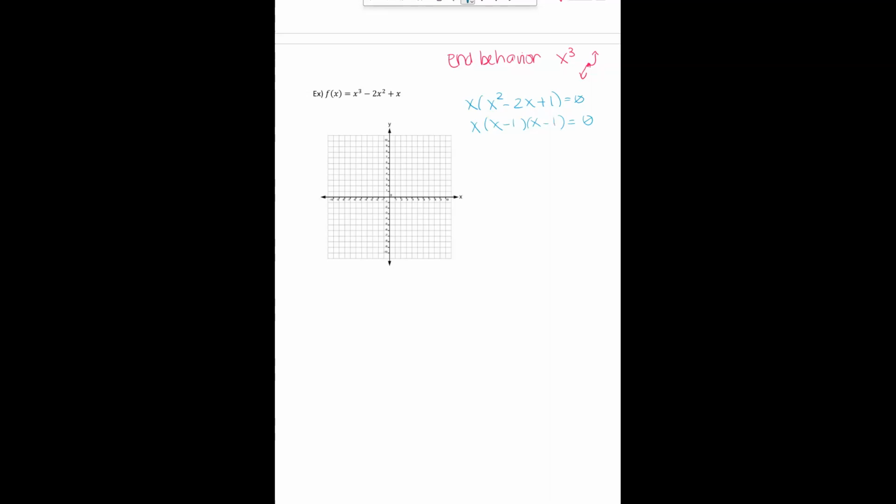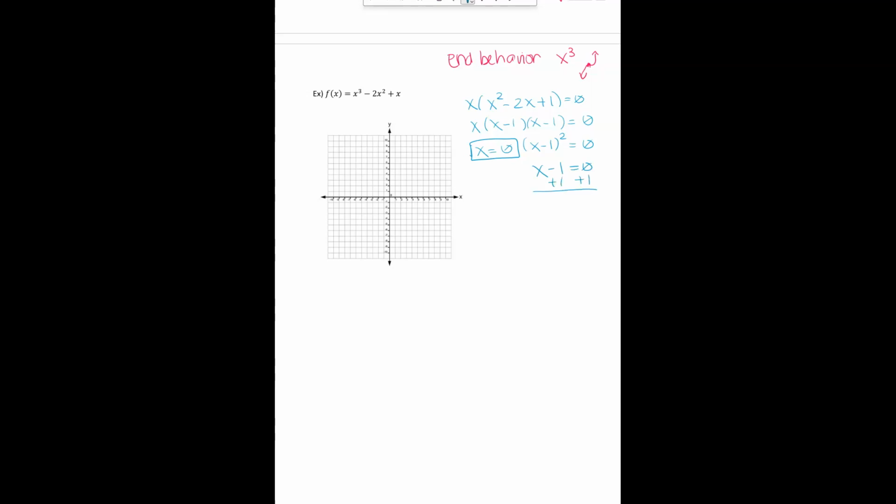Cool. So now we just set this, we could write as a squared. So x equals 0, x minus 1 squared equals 0. Remember, we don't care about the square until we get to the multiplicity level. So this one, we could just box, we're done with him. X minus 1 equals 0.